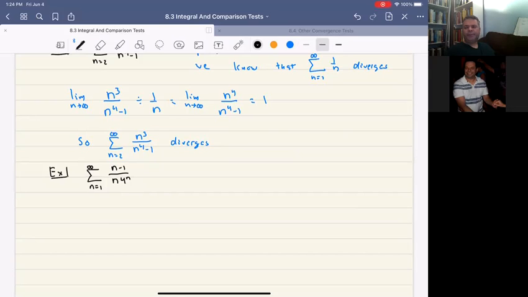So what we kind of see is that we know 1 over 4 to the n, we're going to do a limit comparison with 1 over 4 to the n.